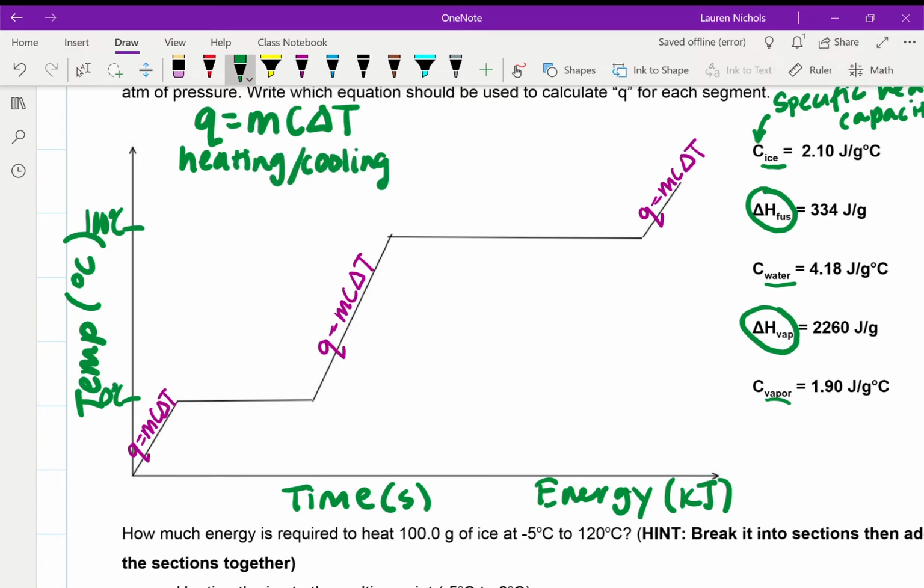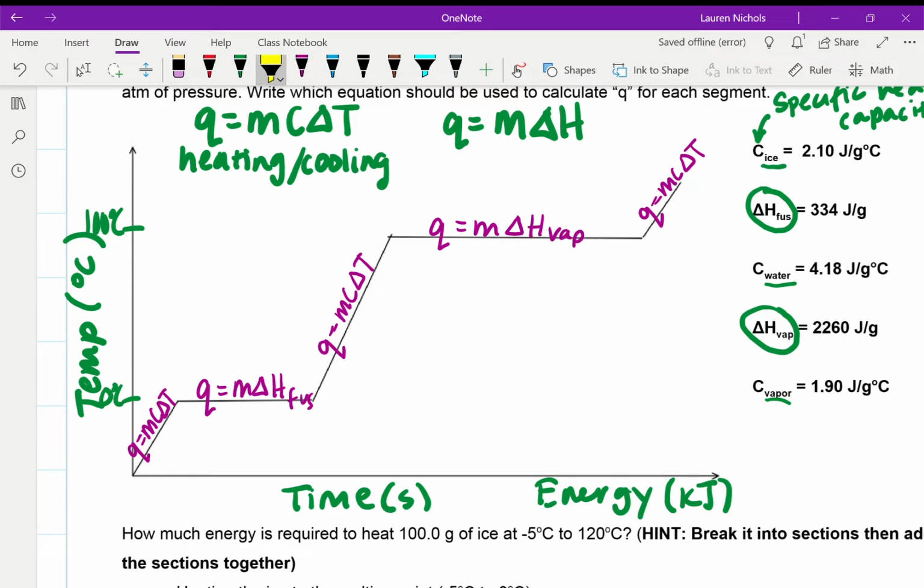But for a phase change, you use Q equals your mass times your delta H. For example, for the melting portion, you would use Q equals M times delta H of fusion, and for the vaporization, you would use Q equals M times delta H of vaporization.